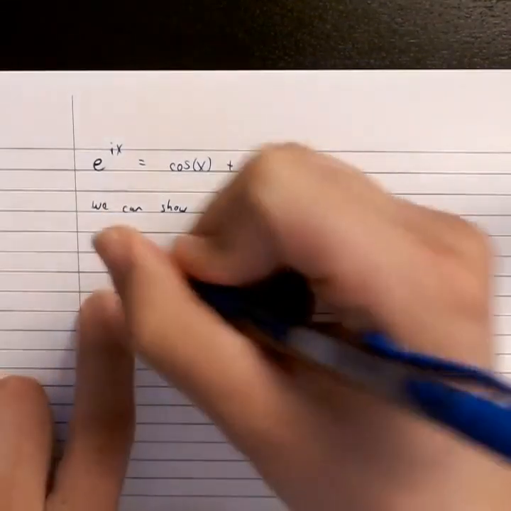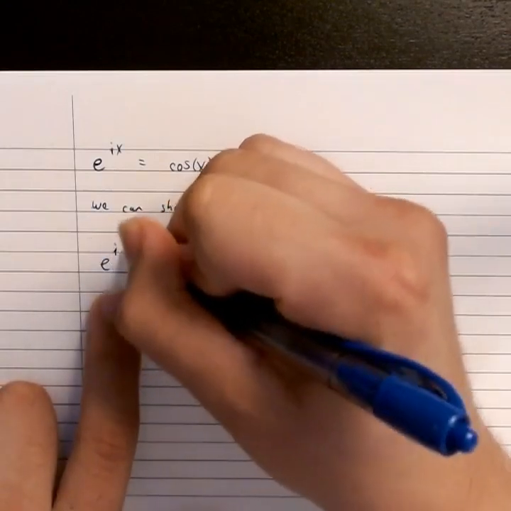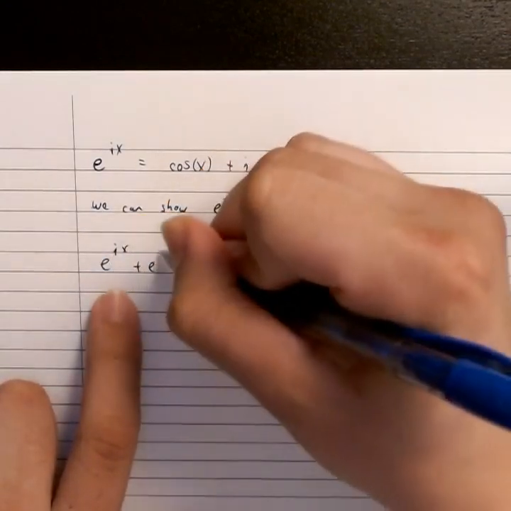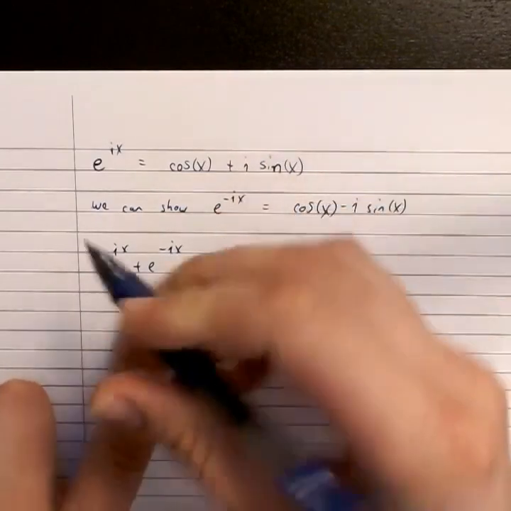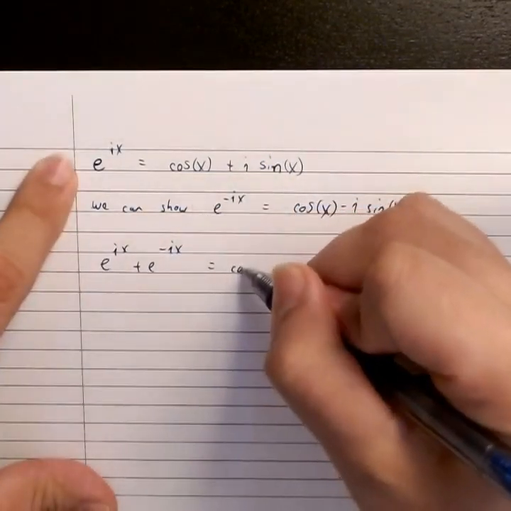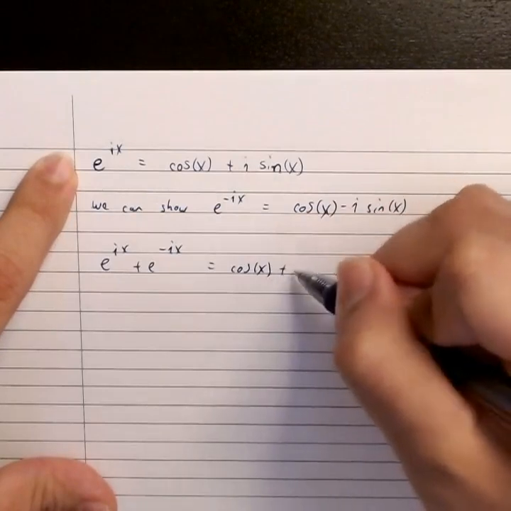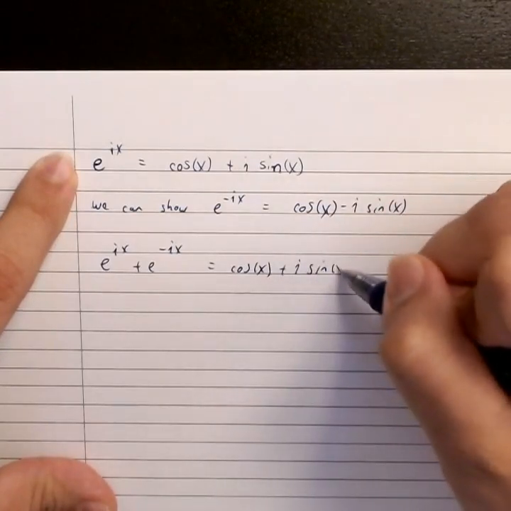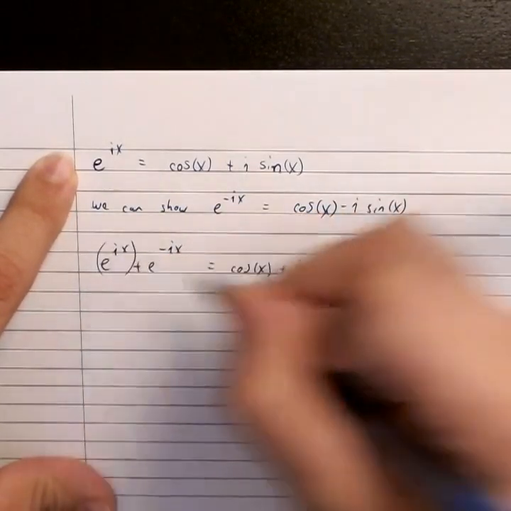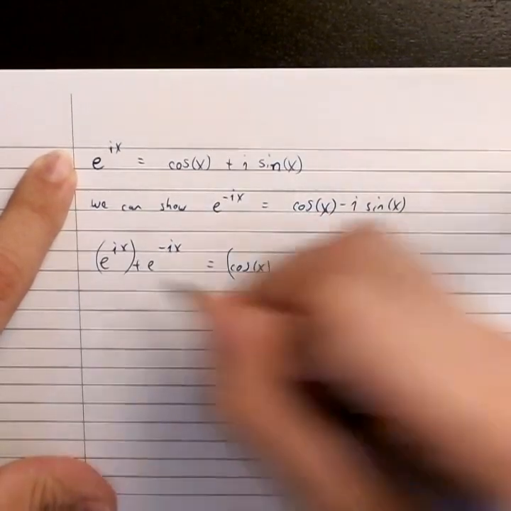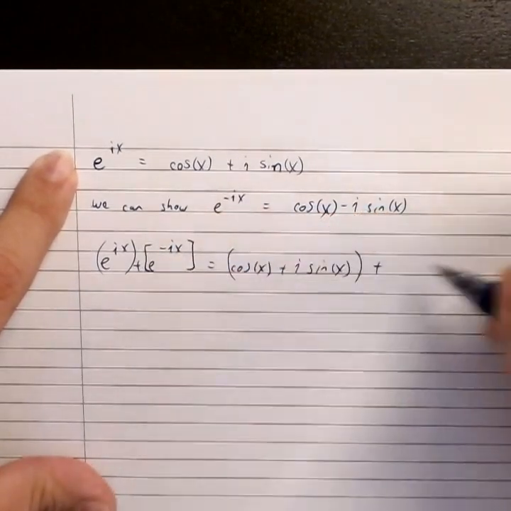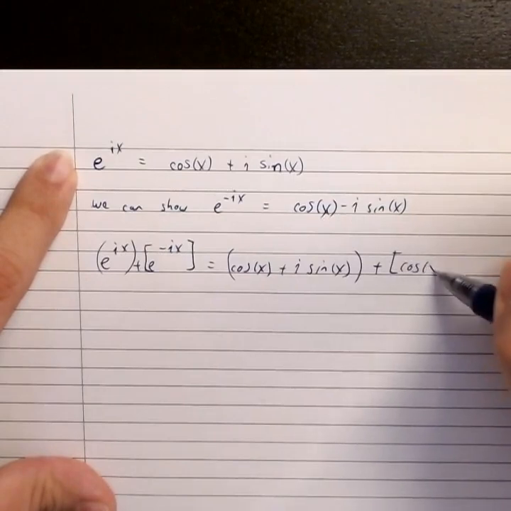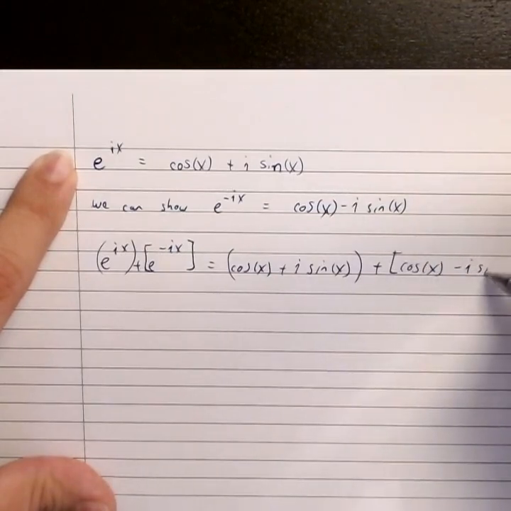Add those two together. e to the ix plus e to the minus ix, that would equal cosine of x plus i sine of x, plus this one would be cosine of x minus i sine of x.